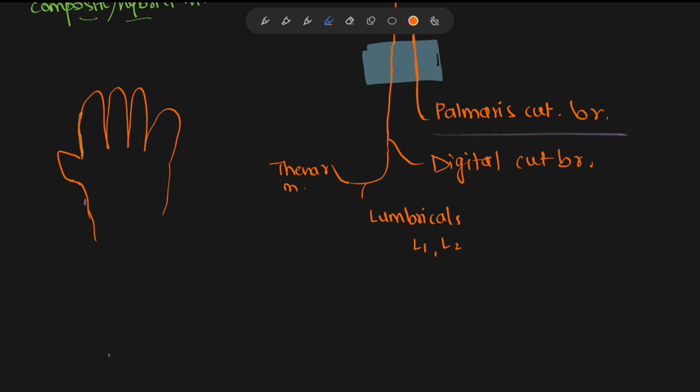Okay, so we all know that our hand is supplied on 3.5 fingers, that is 1, 2, 3 and a half, by the median nerve.